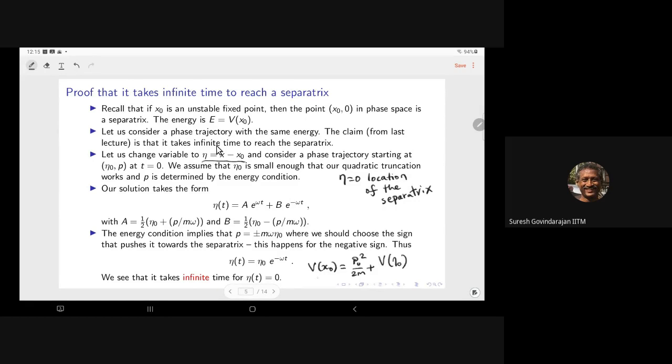So this is E, right? Now the point here is we assume that eta naught is small enough that our quadratic truncation works, and p is determined by the energy. So now you can go back there and you can expand.